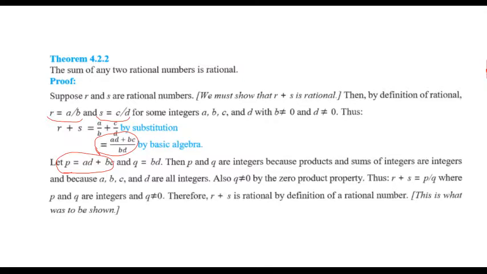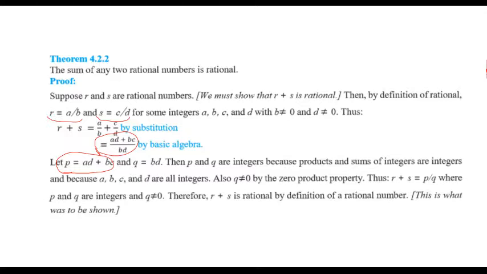Also, we need to prove that q, which is the denominator, is not zero. Based on the zero product property that we saw before, since b and d are not zero, their multiplication also becomes non-zero.